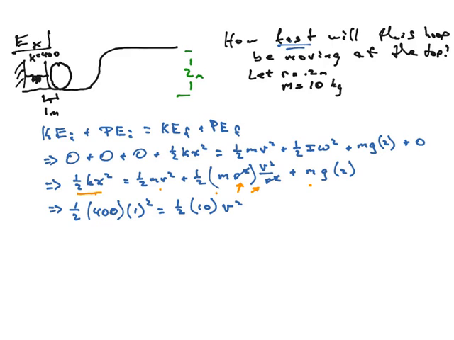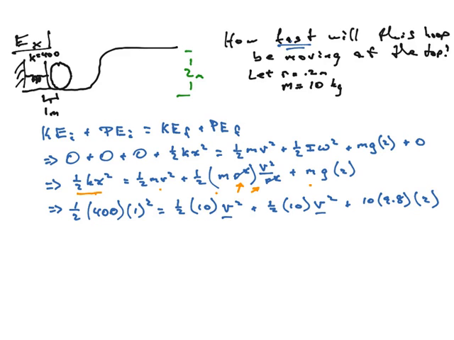Remember how fast? I'm looking for v. Plus, let's see, 1/2 times m is 10 times v squared. And then plus 10 times 9.8 times 2. So that's what we look at here.